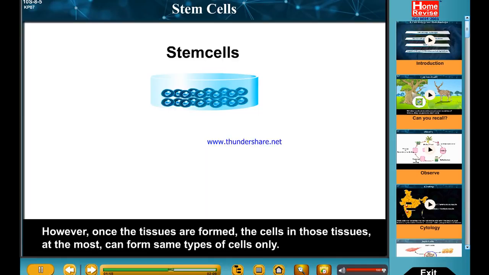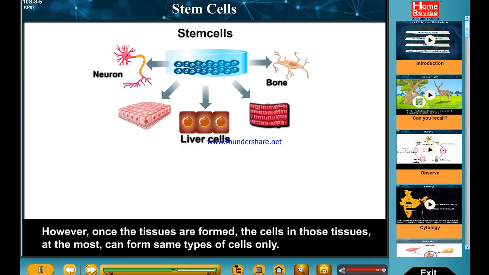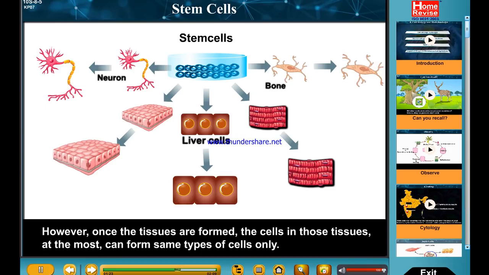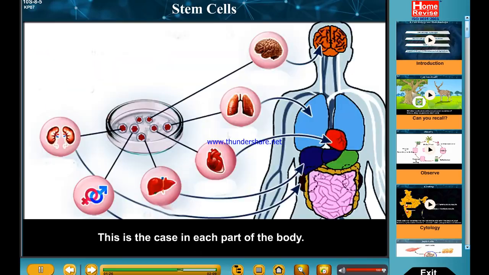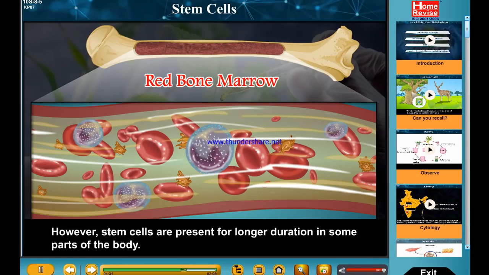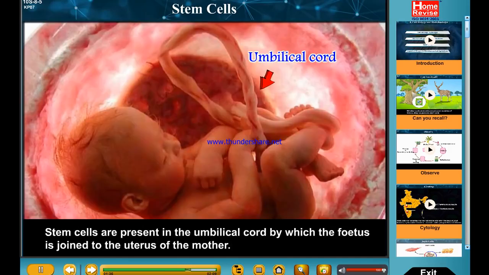However, once the tissues are formed, the cells in those tissues at the most can form same types of cells only. This is the case in each part of the body. However, stem cells are present for longer duration in some parts of the body. Stem cells are present in the umbilical cord by which the fetus is joined to the uterus of the mother.